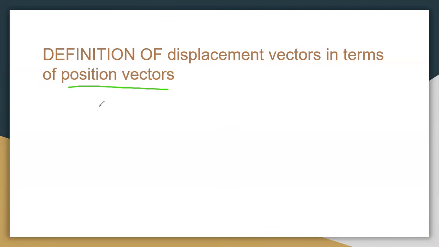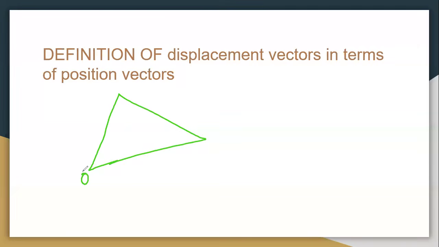What is very important here is to know that, in case this is my vector diagram, and this is O, O means that is the origin.